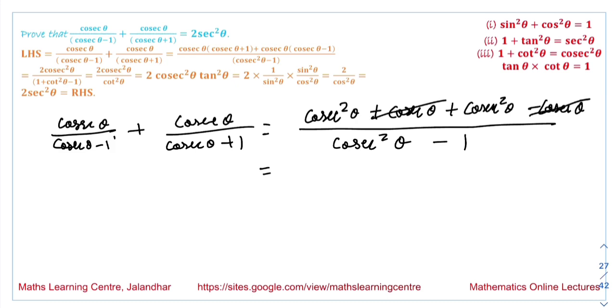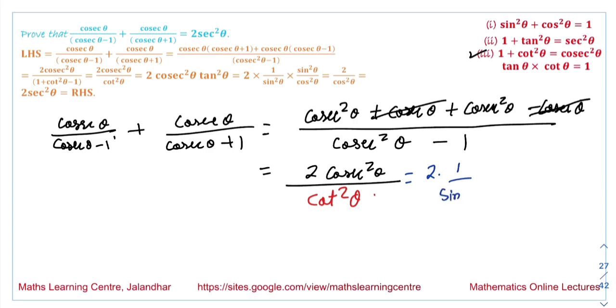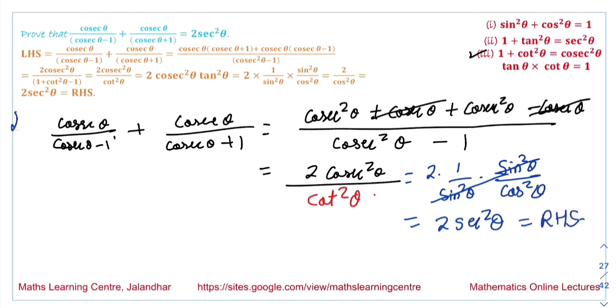These two terms get cancelled and we are left with 2 cosecant square theta over the denominator cosecant square theta minus 1, and the value of this is cot square theta. So on solving this, we get 2 into 1 over sin square theta into, in the denominator, cot square theta, which is cos square theta over sin square theta. This sin square theta gets cancelled and we are left with 2 times secant square theta, and this is equal to RHS. So we have proved that LHS is equal to RHS.